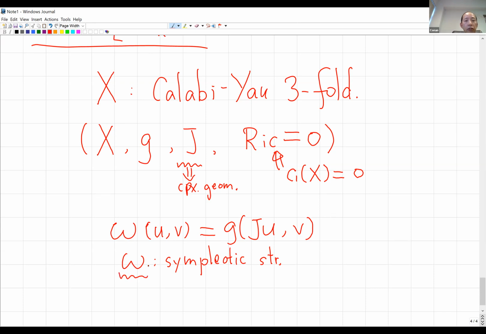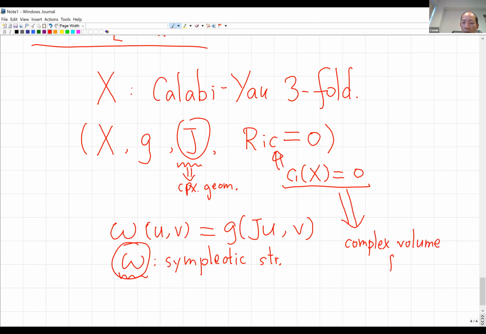So this is the symplectic geometry. And mirror symmetry is really these two very different types of geometry getting exchanged, but not on the same space, but on a dual space. As I mentioned, it comes from T duality. And C1 equals 0 can be interpreted as having a complex volume form.